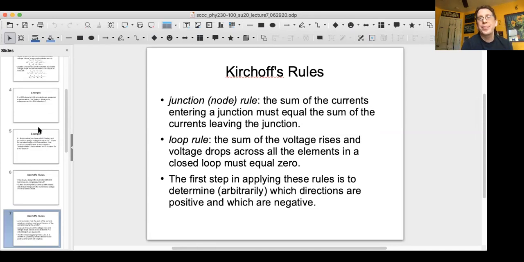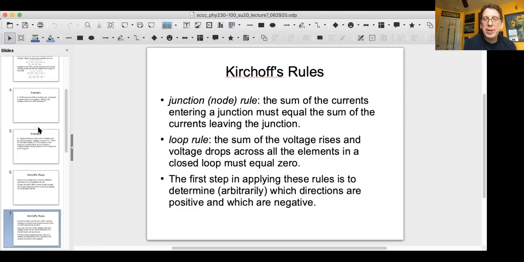The examples we went over in class typically had 2 junctions, and so if you apply the junction rule at each location, you get the same equation out. Basically, the total current coming into a junction is equal to the total current coming out of a junction. So if I1 is coming in and I2 and I3 are going out of a junction, then I1 equals I2 plus I3. So the junction rule is conceptually fairly simple.